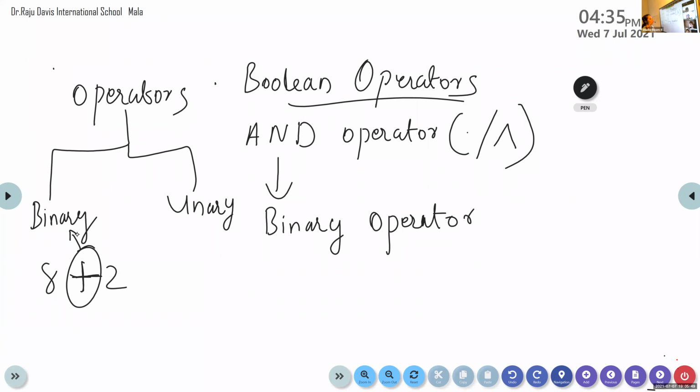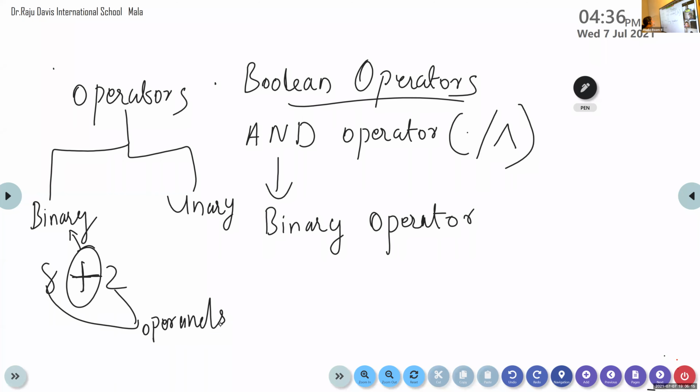The values 8 and 2 are known as operands. So this plus needs minimum two operands for its addition operation, so this plus operator is known as a binary operator.